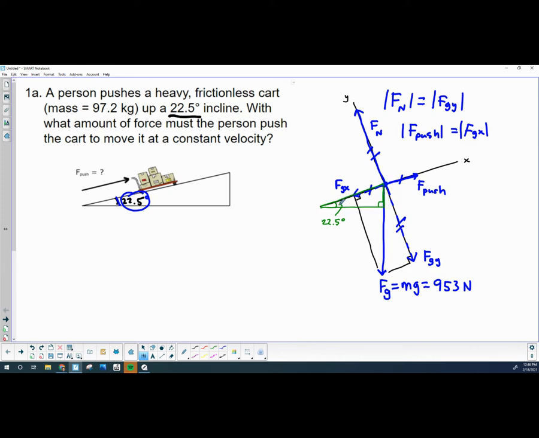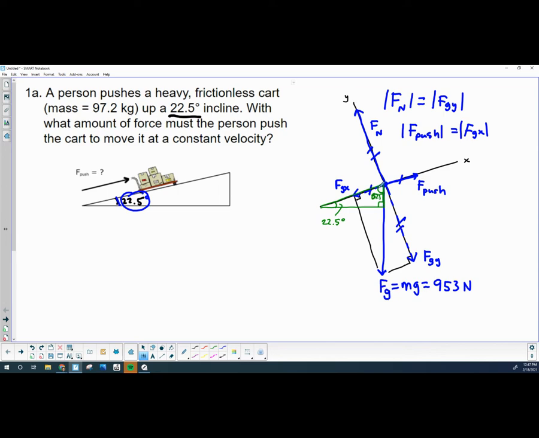If this is 22.5 degrees and this is a right angle, then this would have to be 90 minus 22.5 degrees. In other words, this angle here is 67.5 degrees, because those two angles would have to add up to 90.